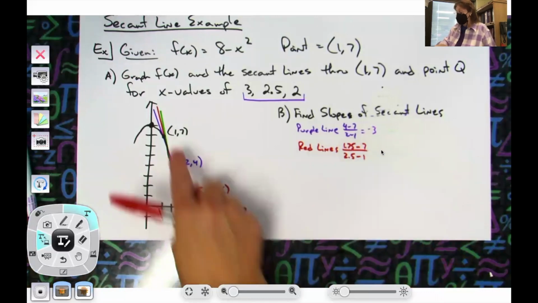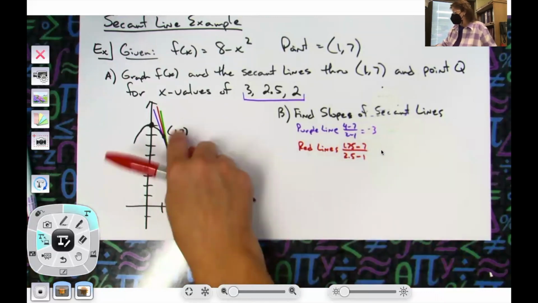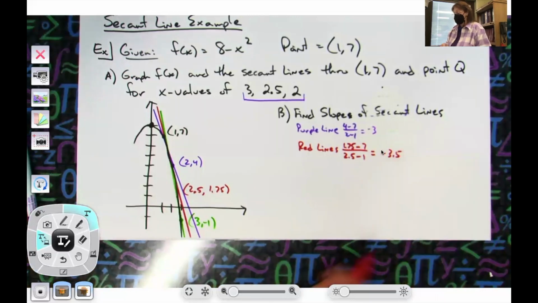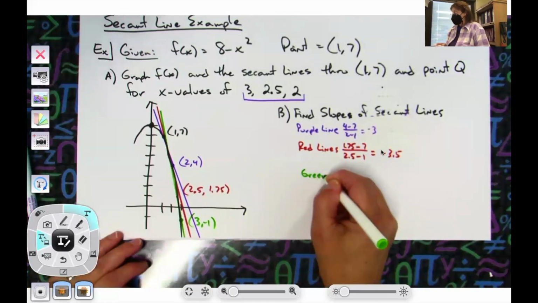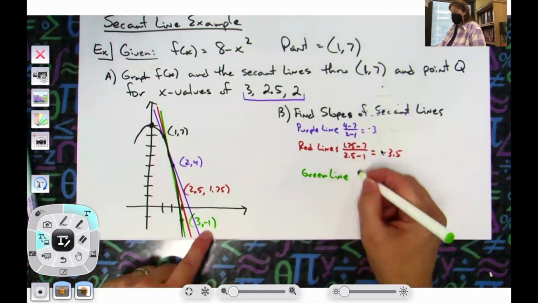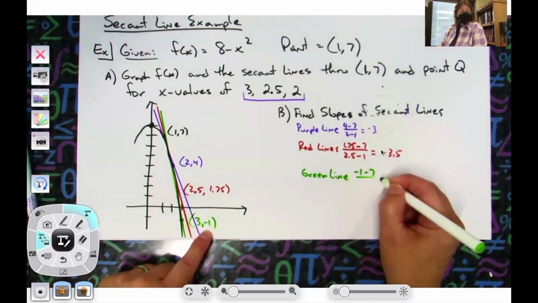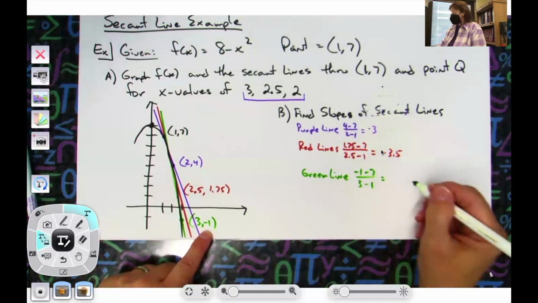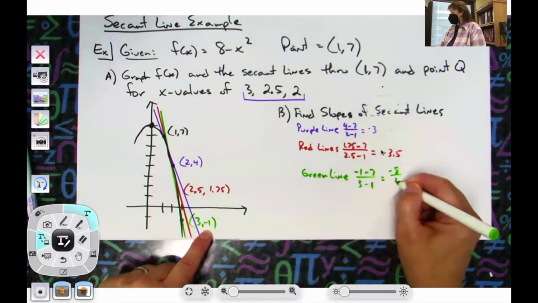That gives me like a -3.5. Now let's do the green line. So that's going to be -1 minus the 7, and then it'll be the 3 minus the 1. So what's that? -8 over 2, -4.